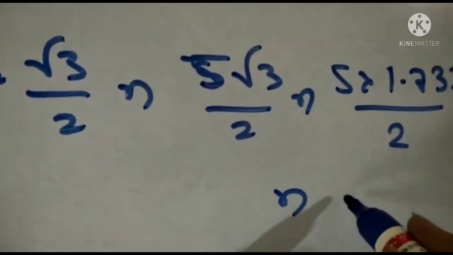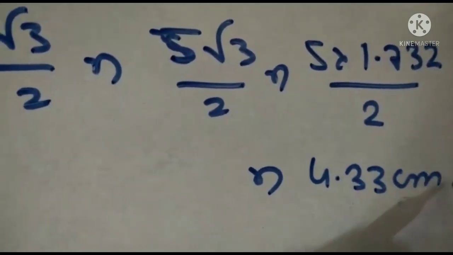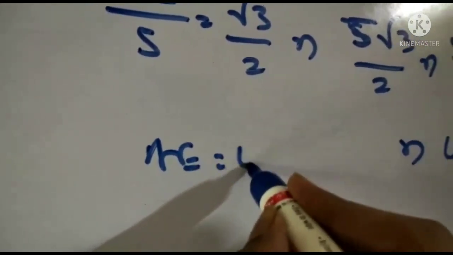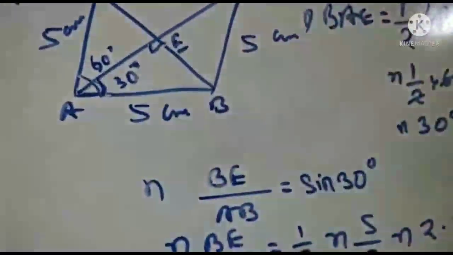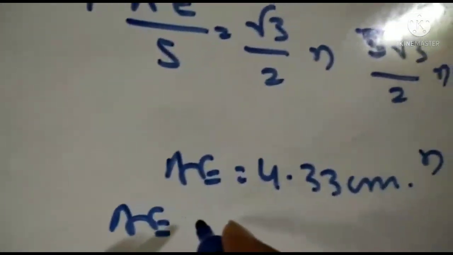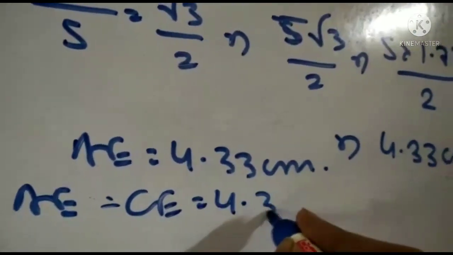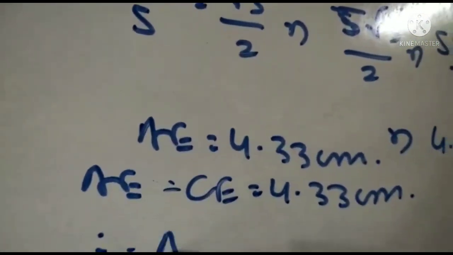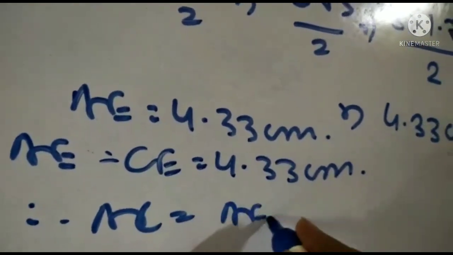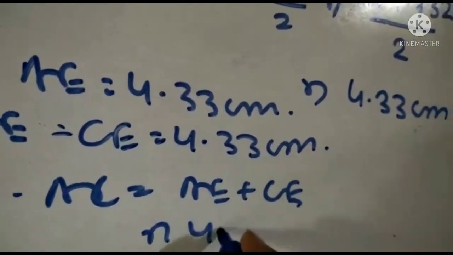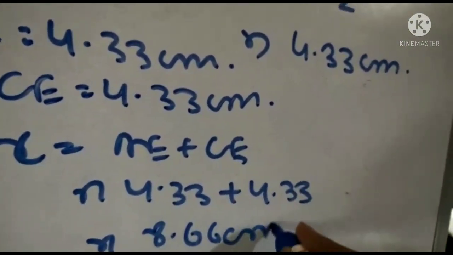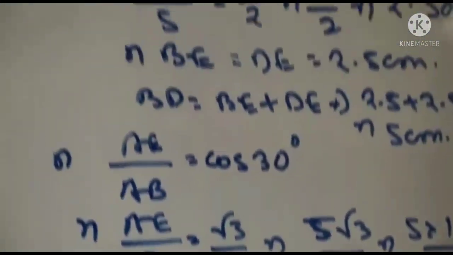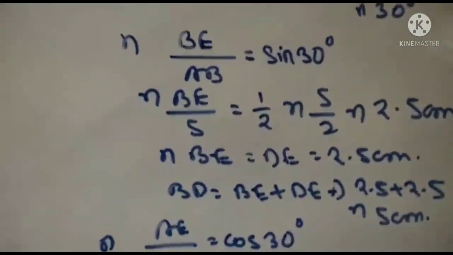After solving this, you will get 4.33 centimeter. Therefore AE is equal to 4.33 centimeter, so CE will also be 4.33 centimeter. Therefore the diagonal AC is equal to AE plus CE, that is 4.33 plus 4.33, which is equal to 8.66 centimeter.